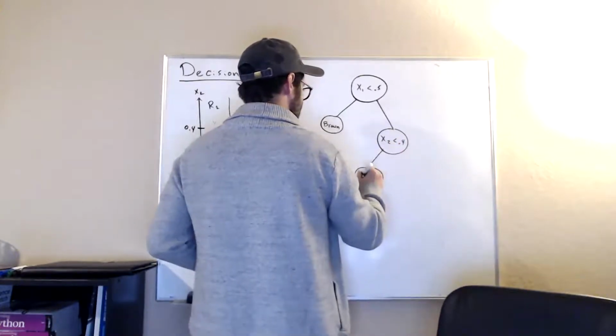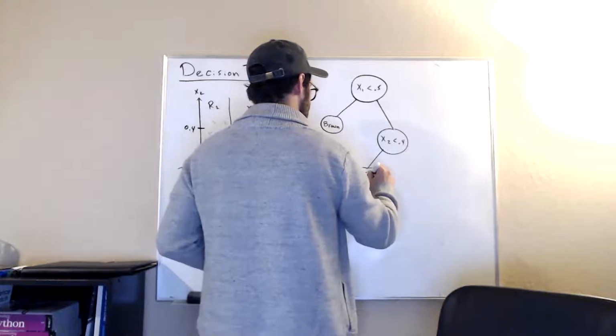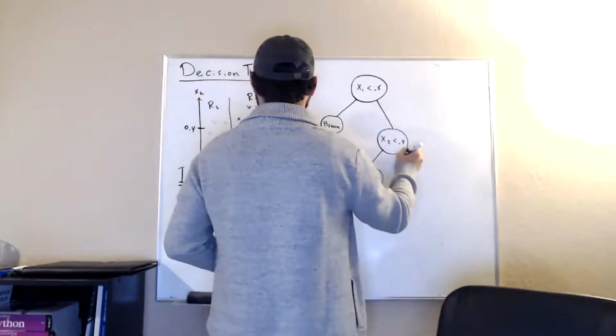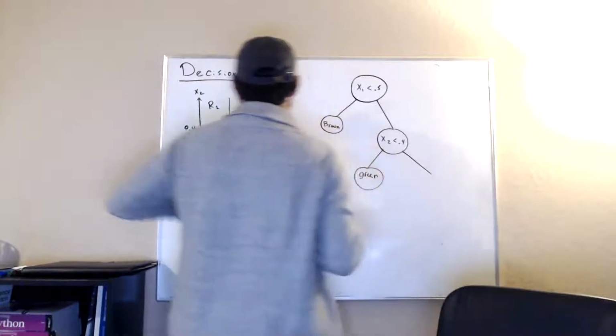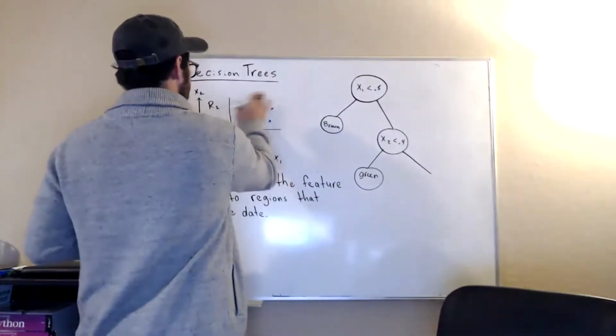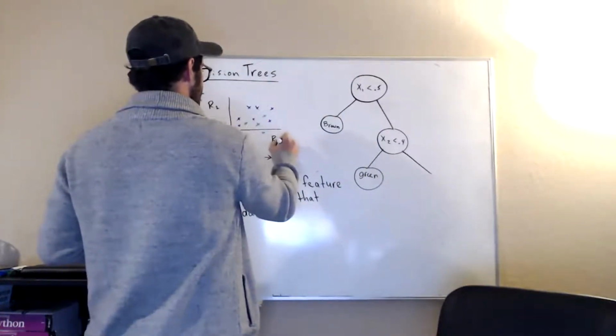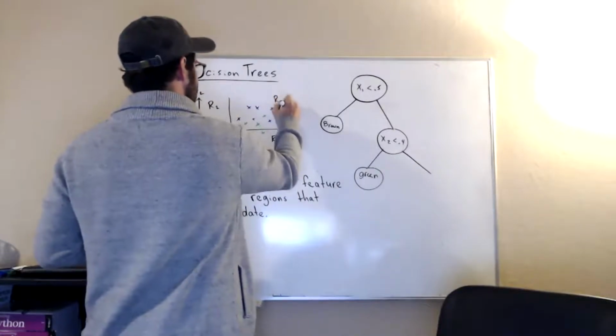If it is, then we say that this is green. And if it isn't, we have another region here. So maybe we'll call this region 2, and now this is region 3.